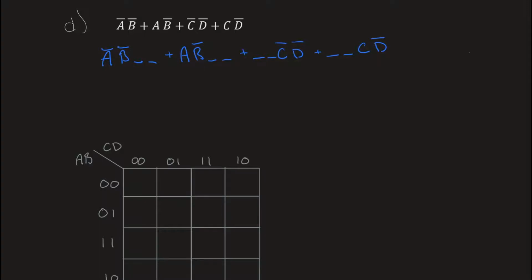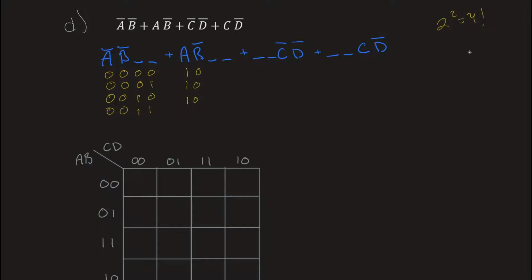If we're missing two variables, how many combinations are there? Did you say 4? Come on, by now we've got to know this. For the first one, A and B have to be 0, and then these can be any possible value, all the way 0, 0 through 1, 1. Over here, missing 2, so we've got 4 rows.